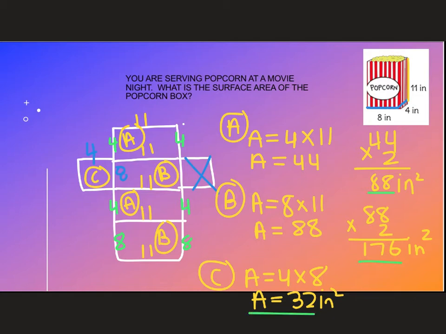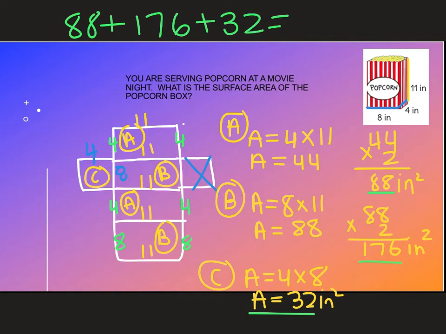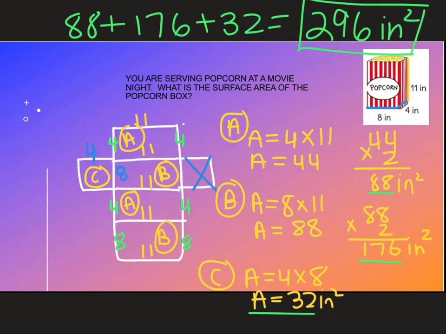We need to do 88 plus 176 plus 32. Plug that into our calculator. I'm doing it in mine as well. You should get 296 inches squared for the surface area of just our popcorn box.